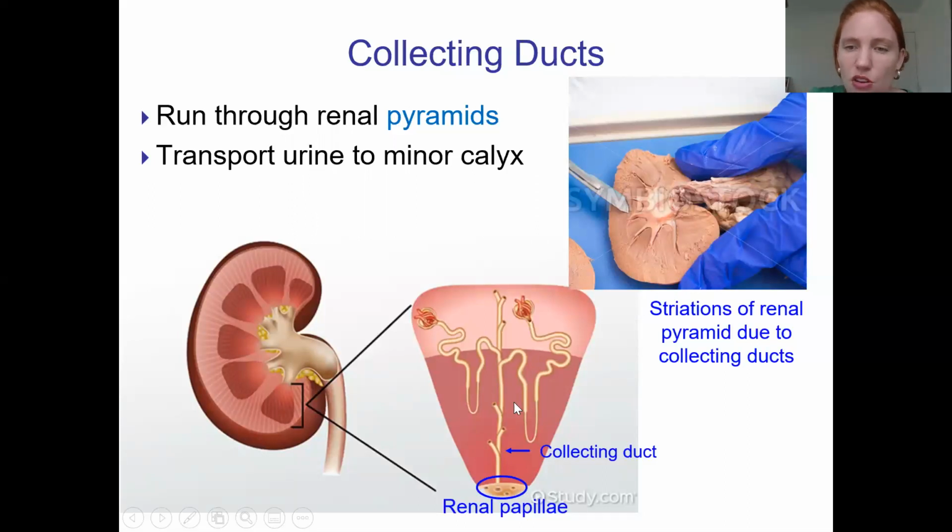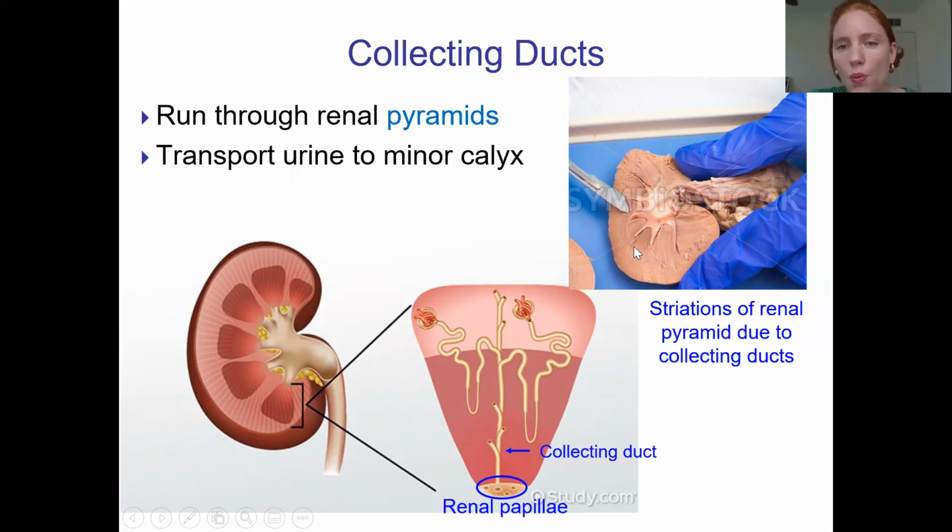In this picture they're only showing you one collecting duct, but if you look at the texture in the pyramids of a kidney, here's the cortex, there's the medulla. These are the renal pyramids, and even on models, they're always going to show you that striped appearance because it really does have that texture.